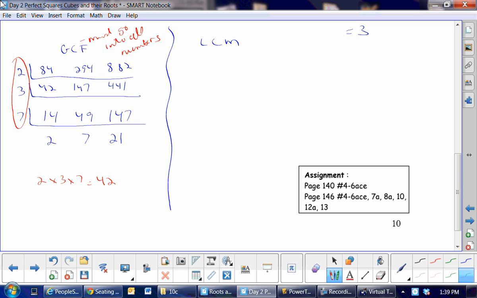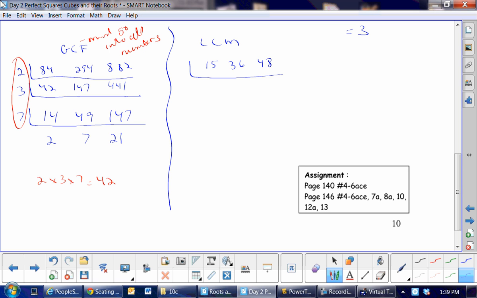Because if I need to add or subtract fractions, I need to know that. Okay? So the numbers we're going to use are 15, 36, and 48. Now this is pretty challenging for most students. If you ask them, find me a number they all go into, the lowest one.